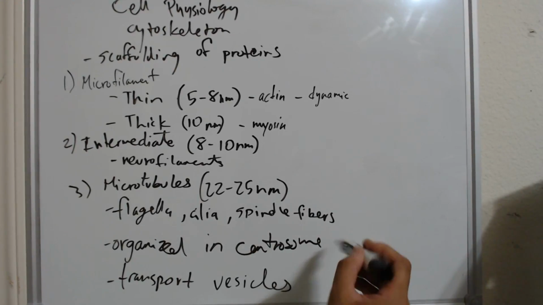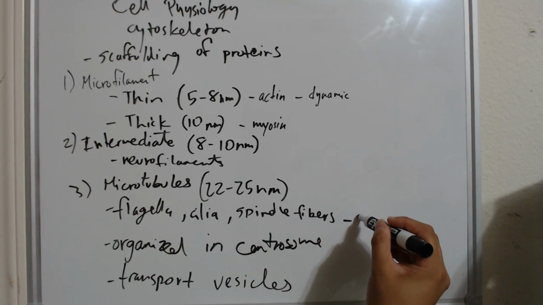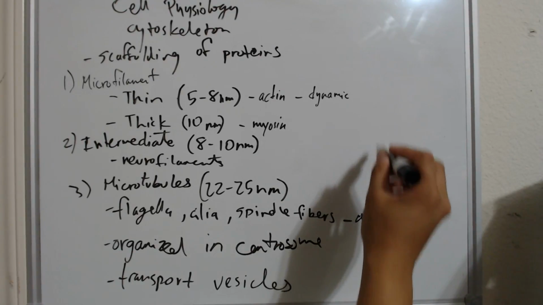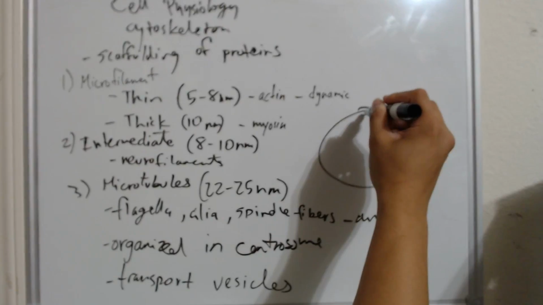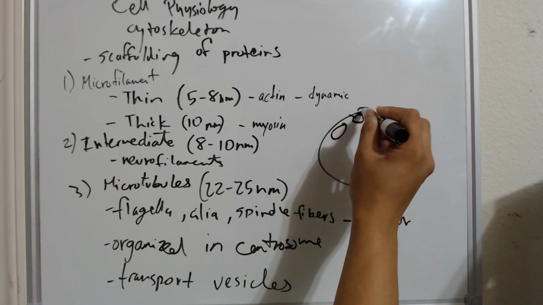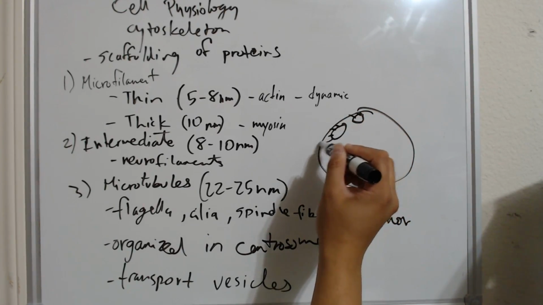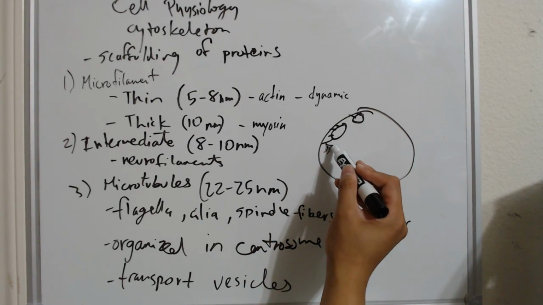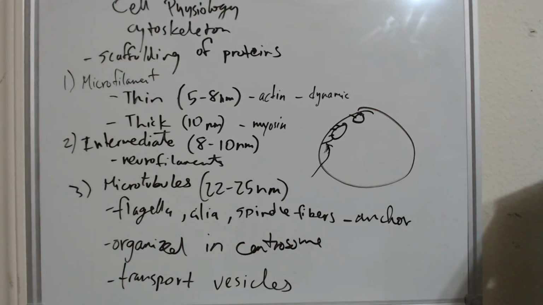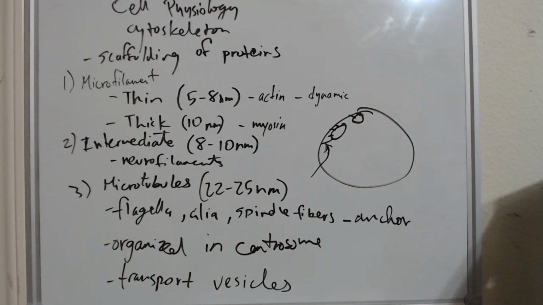Another role that they have is to anchor membranous organelles. So any organelles, here's a cell, any organelles here and such are anchored to the membrane by these things, which are microtubules. I think that's it.